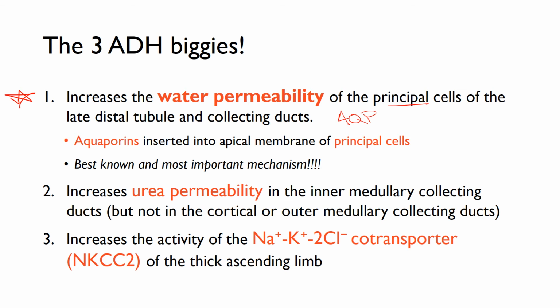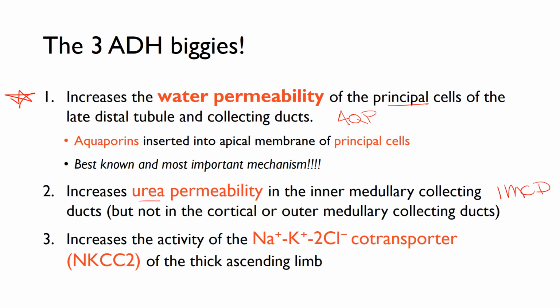But there are 2 equally important mechanisms that ADH does. It increases permeability of urea in the inner medullary collecting duct, but not in the cortical or outer medullary collecting duct. Okay, so the inner medullary collecting duct, way down at the bottom of the nephron.